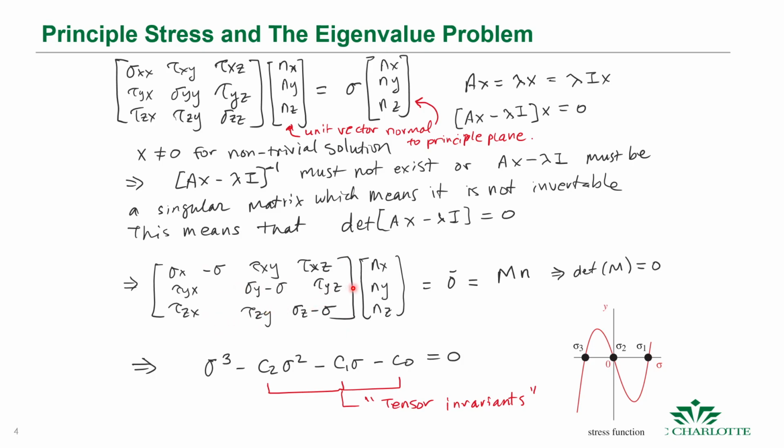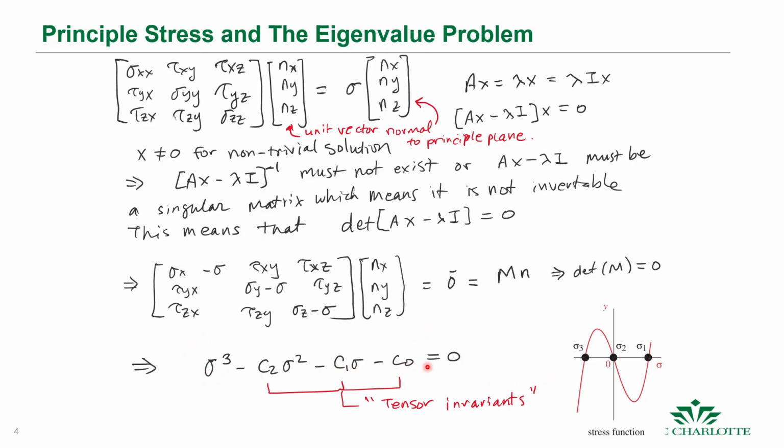Okay, so if we solve this problem, saying that the determinant has to be equal to 0, we get an expression like this, where we have a cubic term in terms of principal stress, and then we have these coefficients, which are called the tensor invariants, times sigma squared, sigma, and a constant.